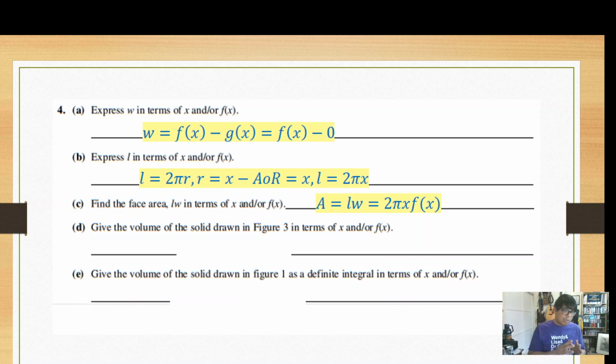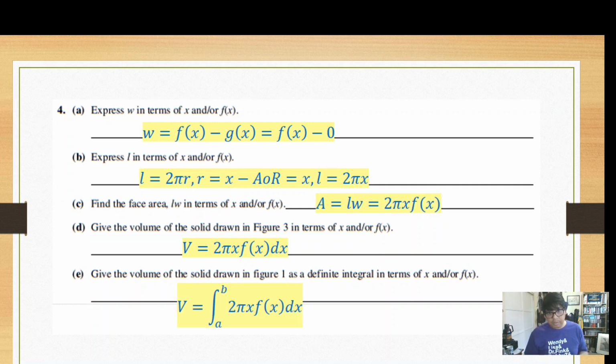Remember I said that the two methods were really similar, and they're both similar because we're still integrating an area formula. So let's integrate that area, the volume of the one shell is 2 pi x f of x dx. And then when you integrate it, you get the volume of the entire thing.